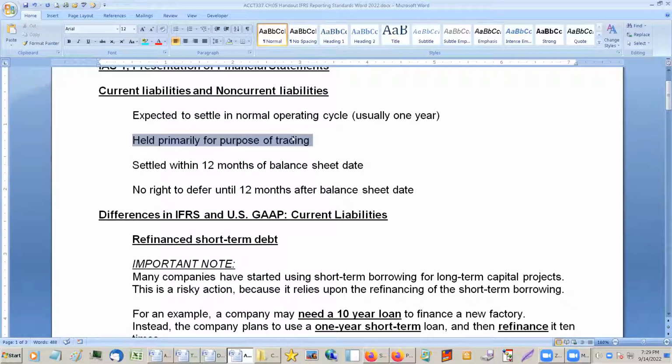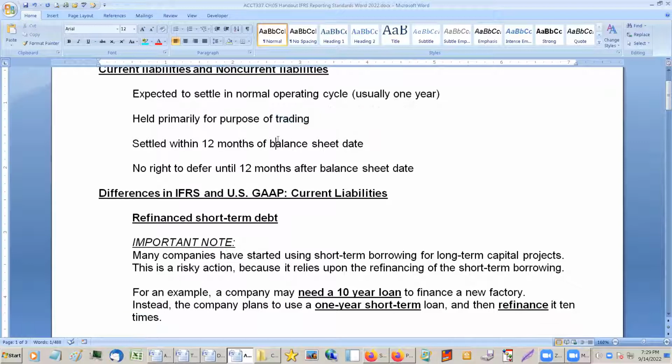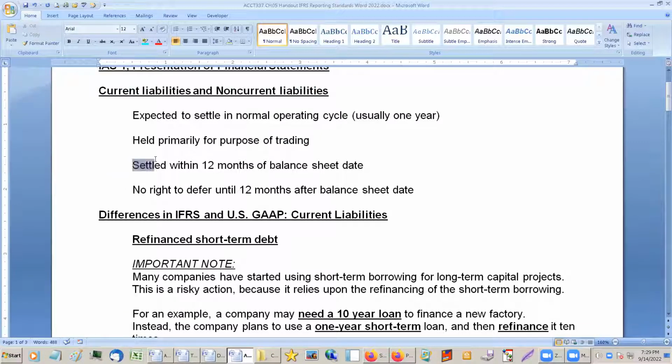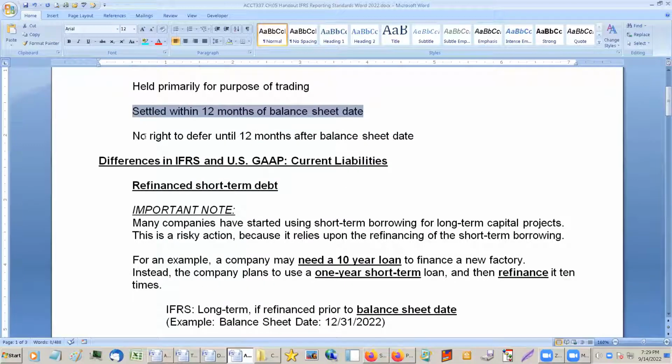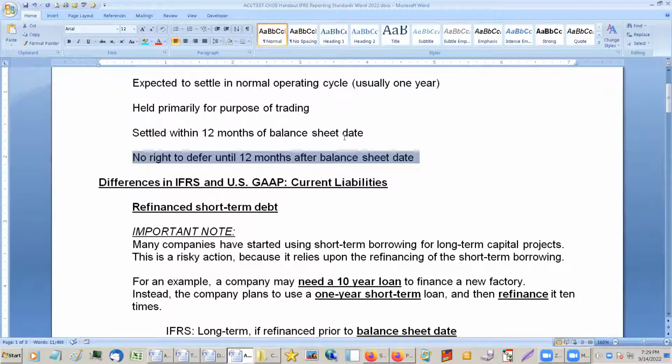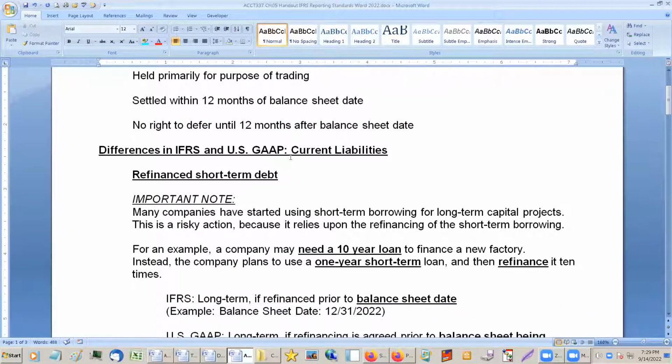Held primarily for the purpose of trading, things like accounts payable. Settled within 12 months, that's the 1 year rule. No right to defer until 12 months after the balance sheet date. In other words, you can't defer the rights to them within the year.